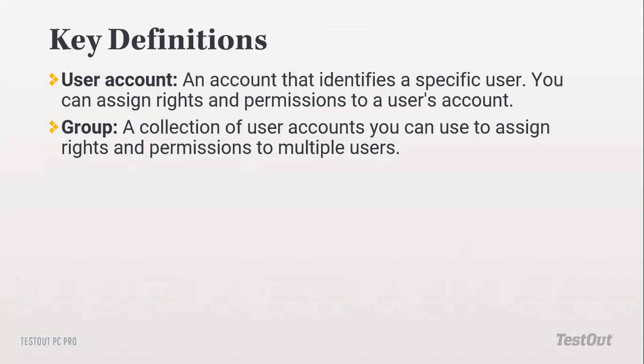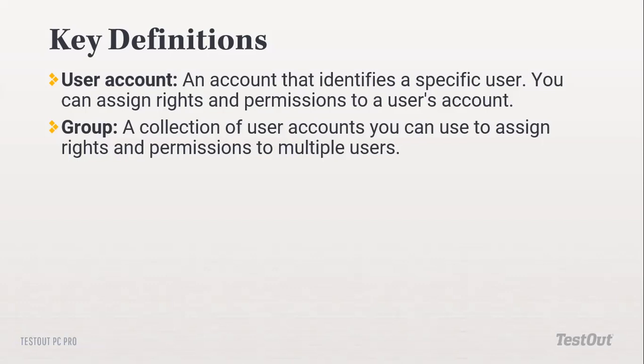You can assign rights and permissions to a user's account. So like a person has rights and duties, you can assign those rights and permissions to a user account within the computer. As we physical persons have rights and permissions, things that we can do and things that we cannot do, you assign them to a user's account.